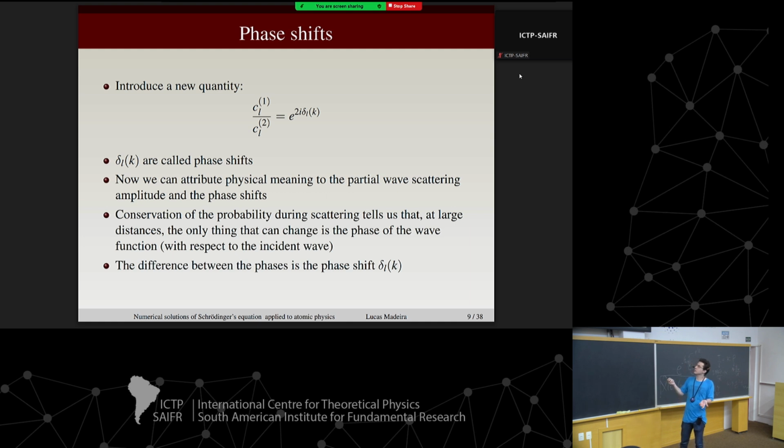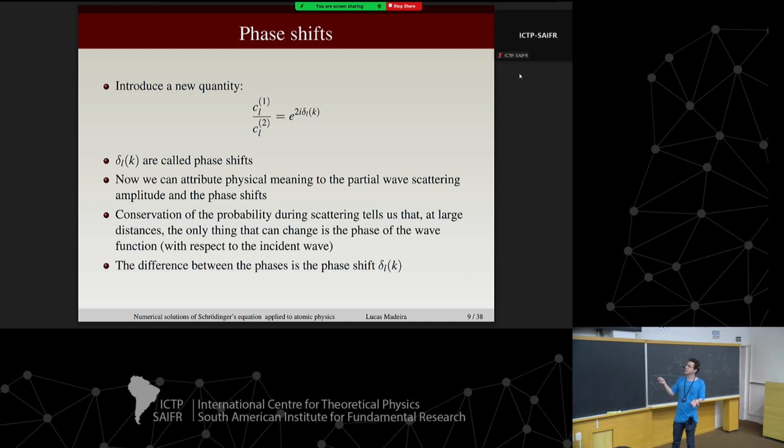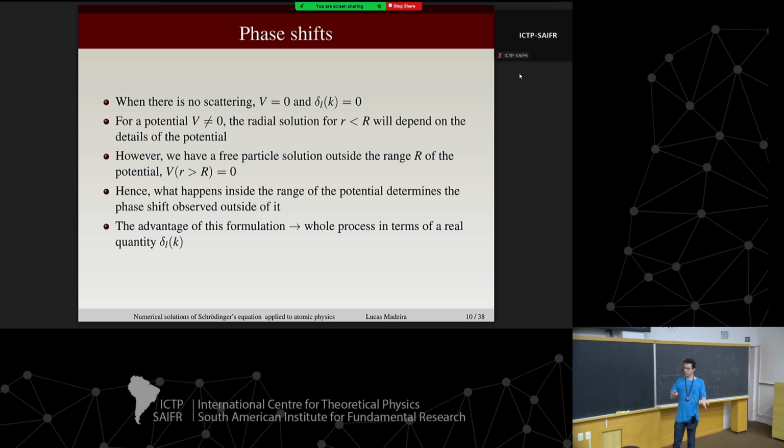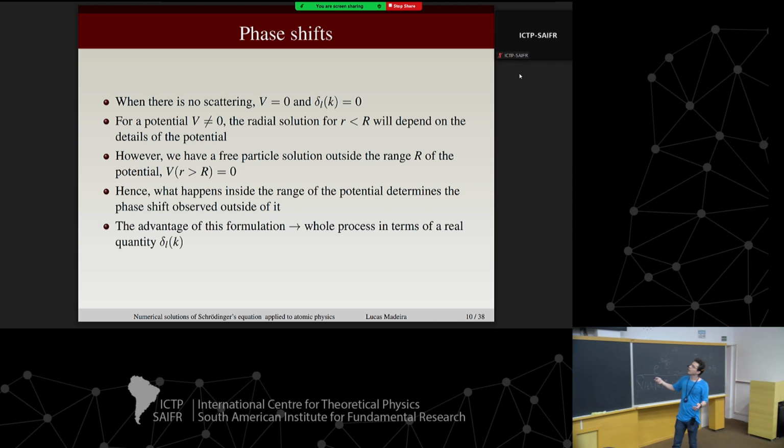And the phase shift becomes simply the difference between the phases of your solution if you had some scattering going on, if V was different than 0, close to the origin, compared to the free particle case. Okay, so that's the physical interpretation. V equals 0, there's no phase shift, because there's no difference in phase. Whatever came in, came out the same way, right?